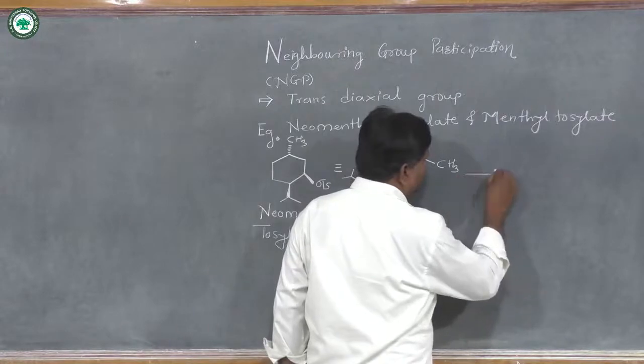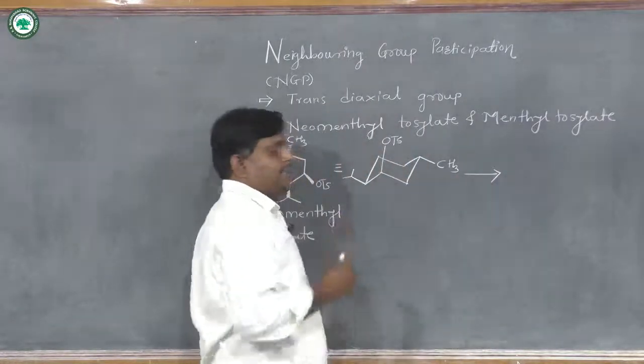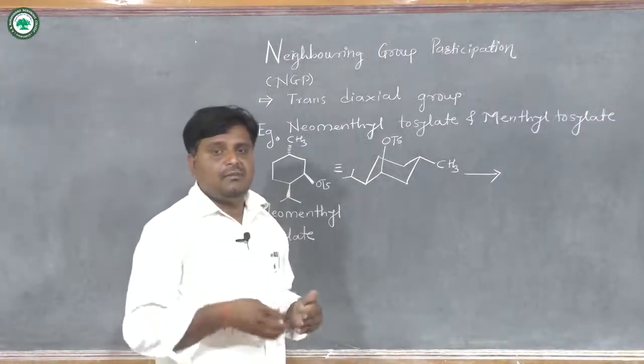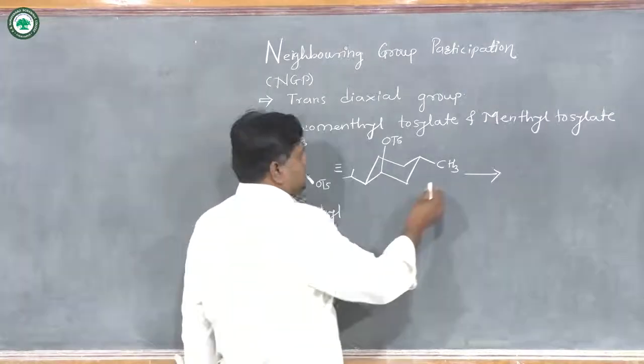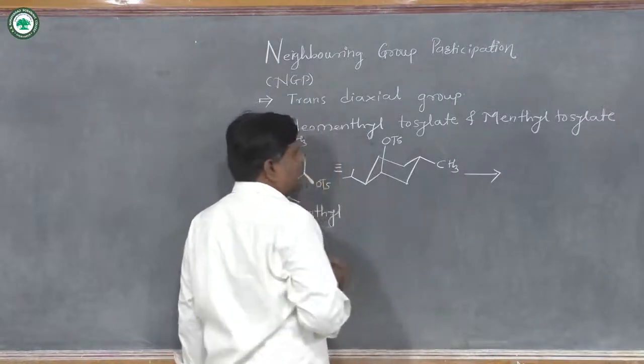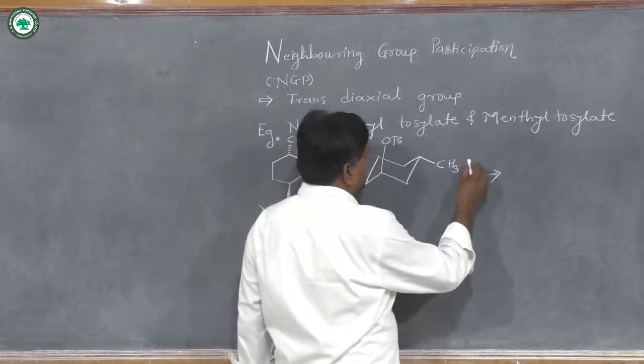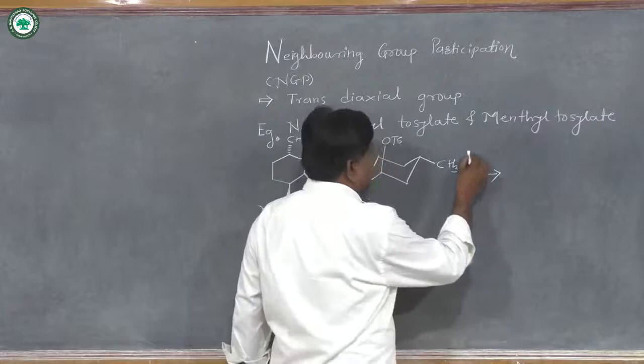Now we go for a reaction. Here neighboring group participation occurs. This OTS will first absorb a proton from acetic acid.